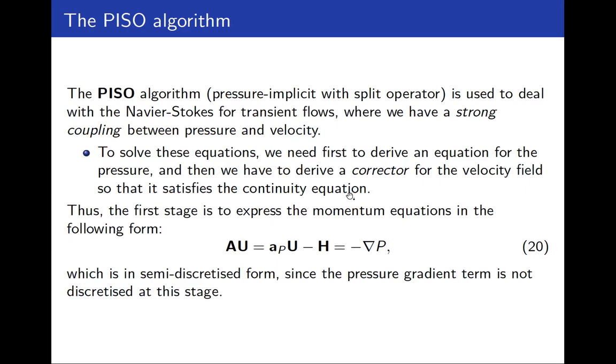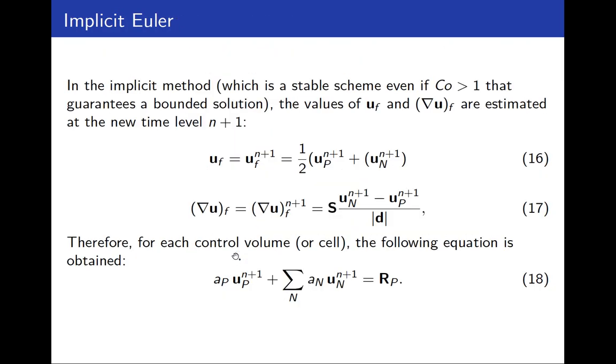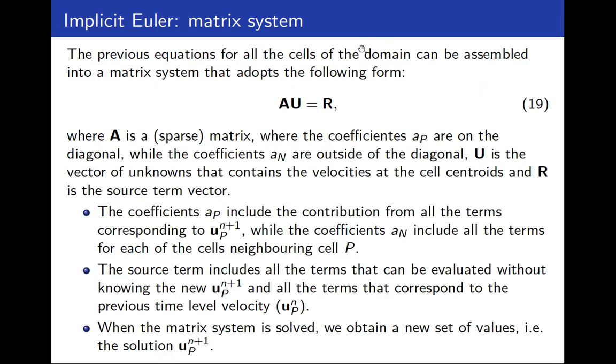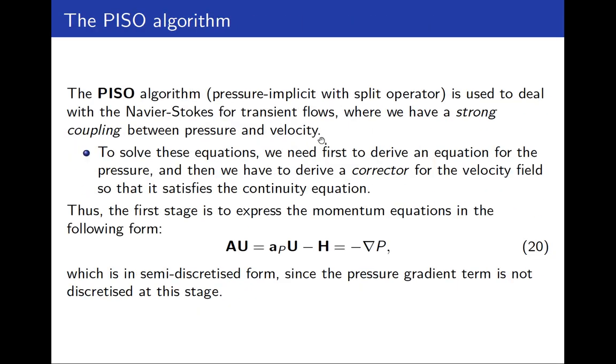But first, the first step of this kind of methods is that we need to express the momentum equation as equation 20. So remember, from our discretized equation 12, we can express this equation in a matrix system using the implicit method.